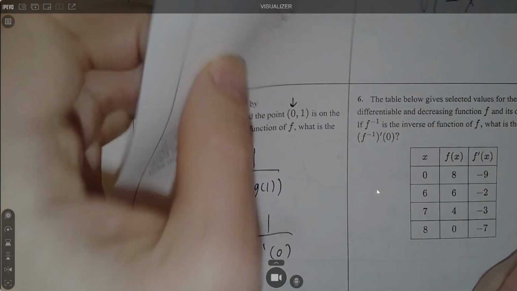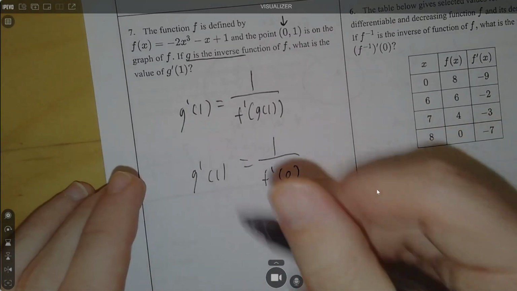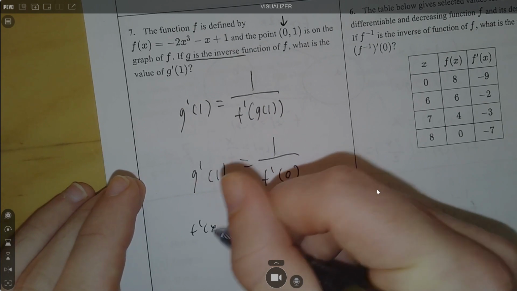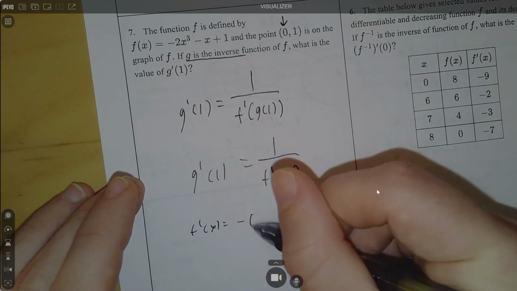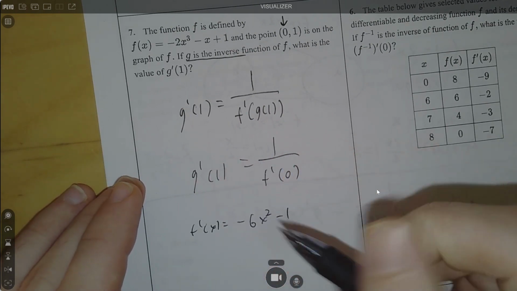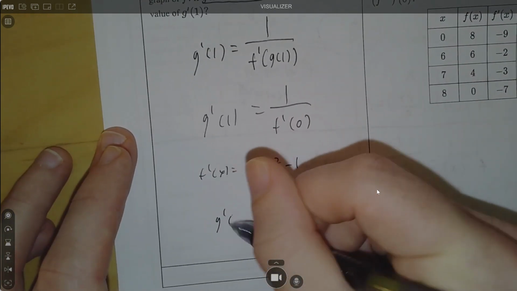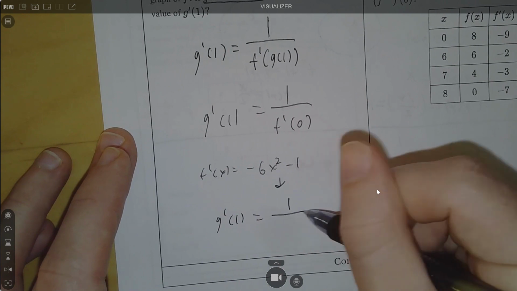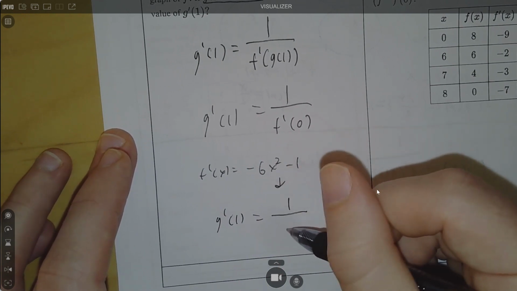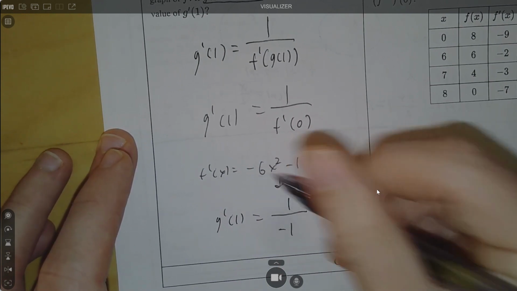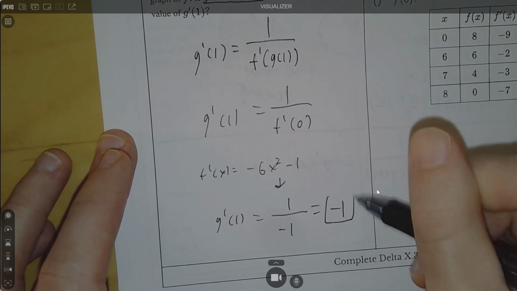Well, then I just need to find f prime. It's pretty easy, it's just a power rule. f prime of x is negative 6x squared minus 1. So going back down, g prime of 1 equals 1 over, and I'm just going to plug in a 0. It's going to be 1 over negative 1, because when I plug in a 0, that goes to 0, so the answer is negative 1.